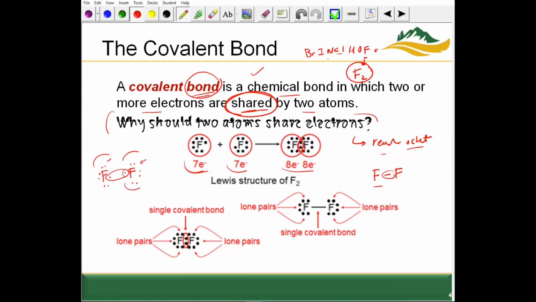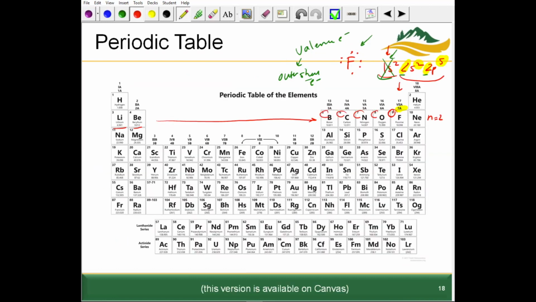And we didn't have to bring an electron in from somewhere else. We didn't have to add any electrons. They just already exist with 7 valence electrons. And so they share those two to reach a happy octet. And just as a reminder again, how we know that fluorine has 7 valence electrons is because we go from left to right. 1 valence electron, 2 valence electrons, 3, 4, 5, 6, 7.